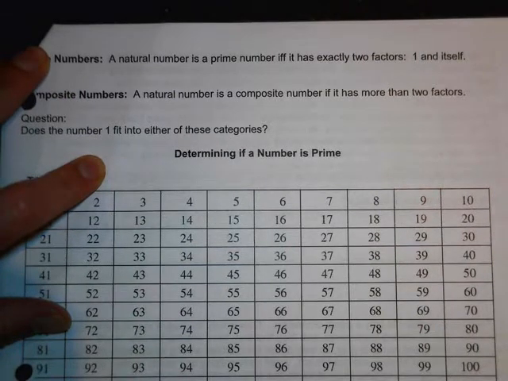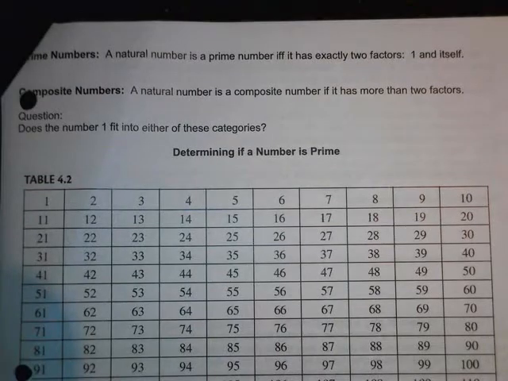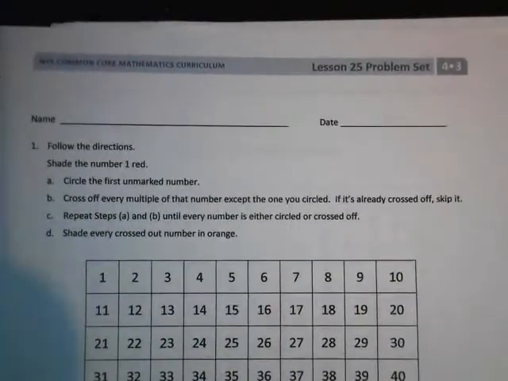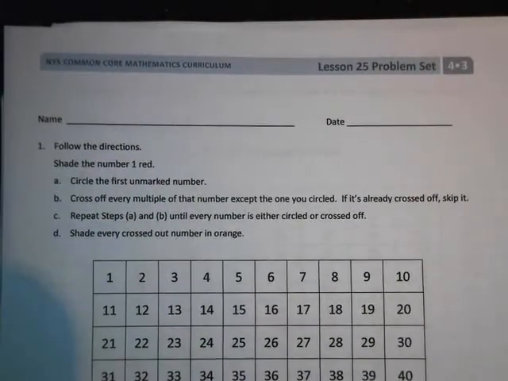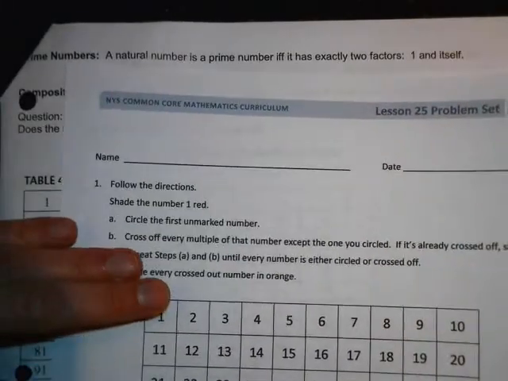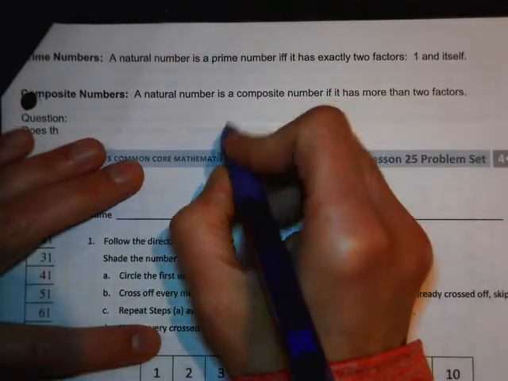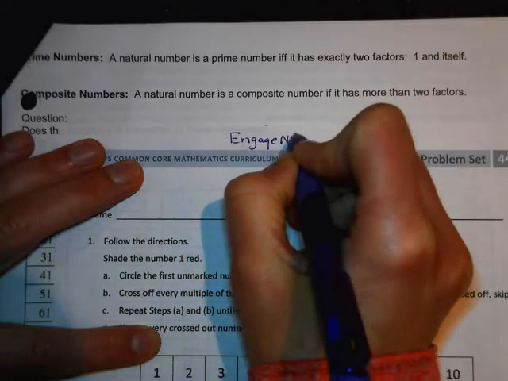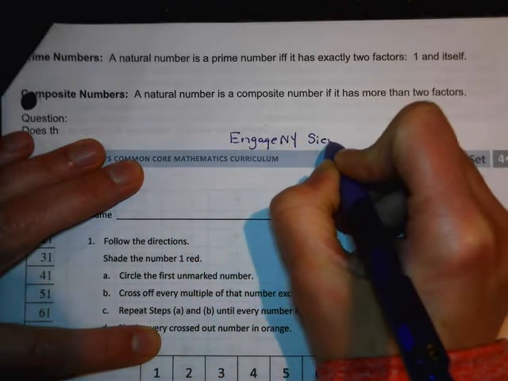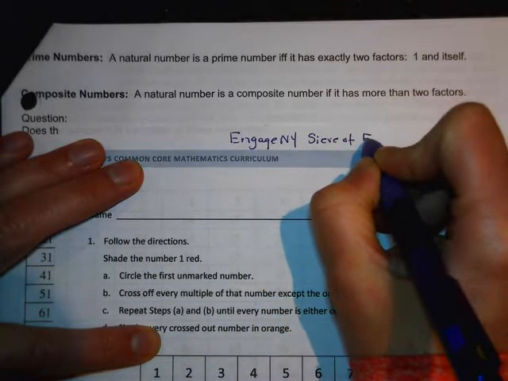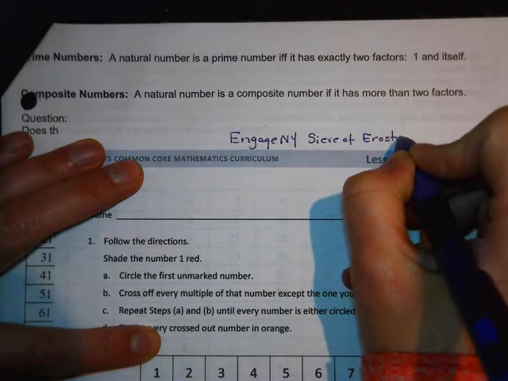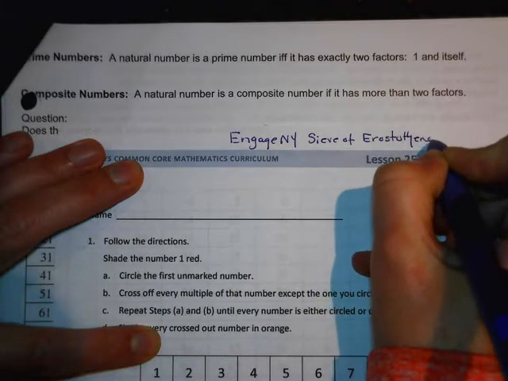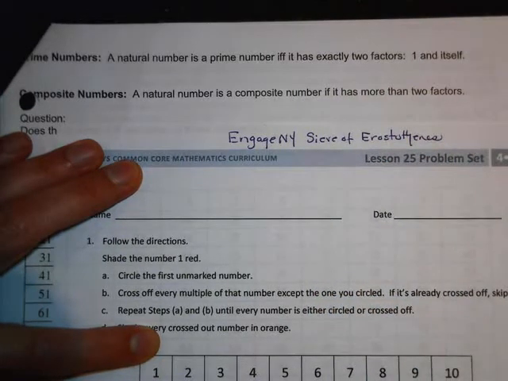So this is actually a lesson in 4th grade. There's more to it, so if you put in Engage New York, and then put in sieve of Aristophanes, something like that, I think that's pretty close, this is what will come up.